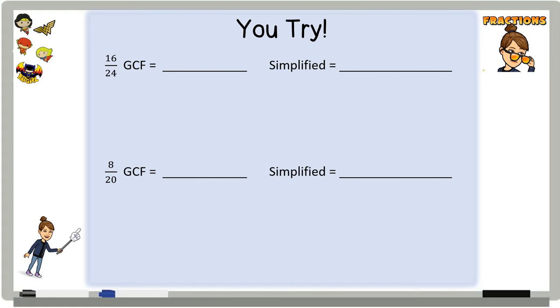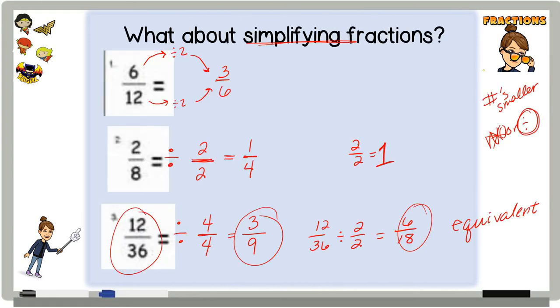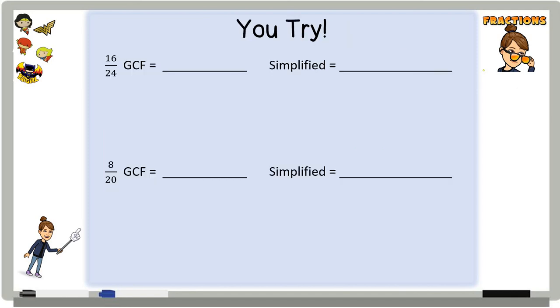All right, so in here, I want to remind you that you can use the greatest common factor to simplify your fractions. So here, let's look at 16 and 24. 16 can be divided by 1, 2, 4, 8, and 16. 24 can be divided by 1.